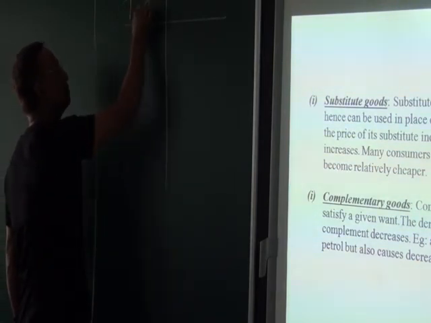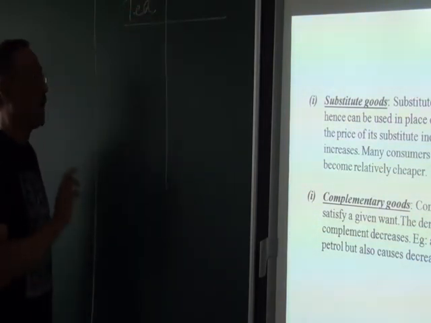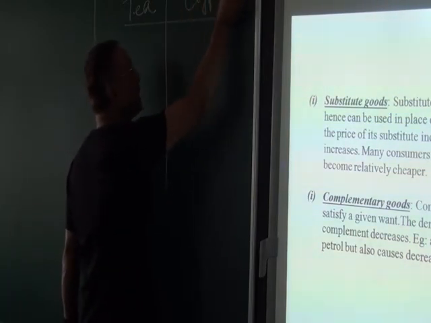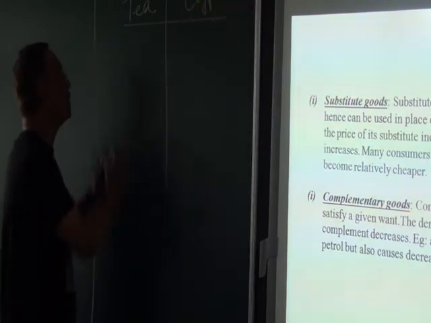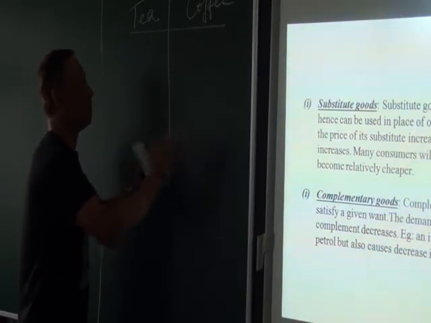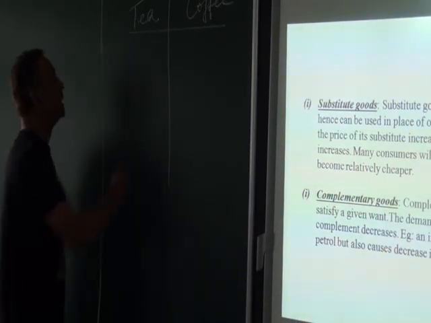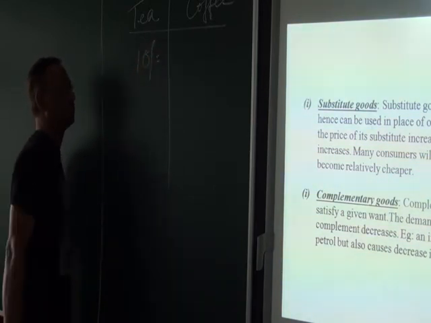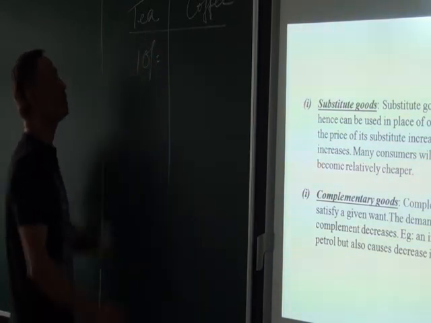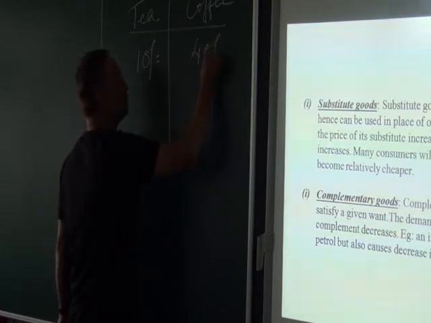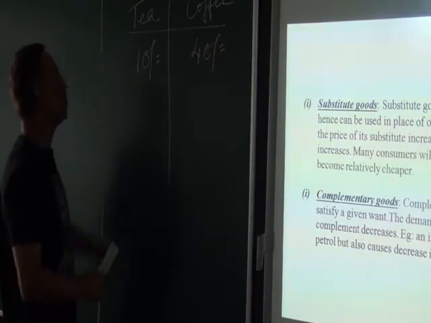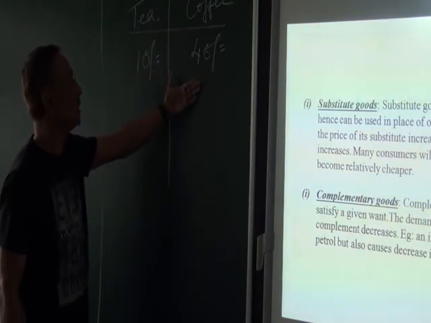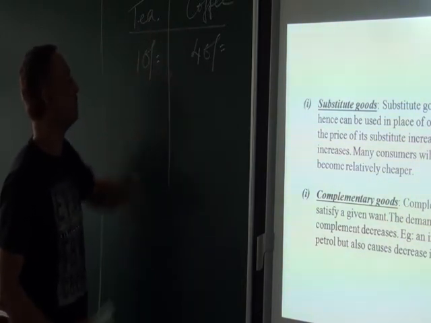I drink tea and my substitute good is coffee. If I don't get tea, then I'm going to take coffee. My good is tea and the substitute is coffee. Let us say the price of the tea that I drink is 10 rupees and the substitute good, coffee, is 40 rupees. Okay, 10 rupees per cup of tea, coffee is 40 rupees, it's a substitute good, fine.